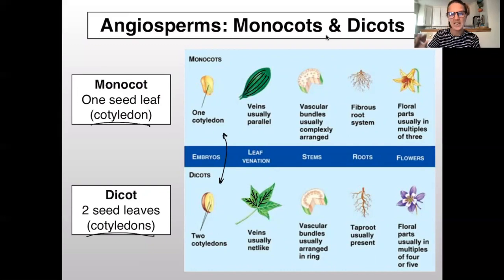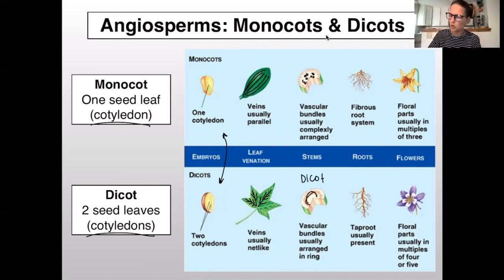If you look at their stems and you cut them in two, the monocot has these little vascular bundles, which have a complex arrangement, whereas the vascular tissue in a dicot has a ring, right?